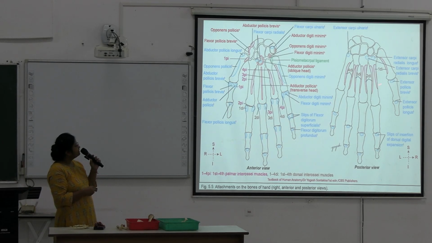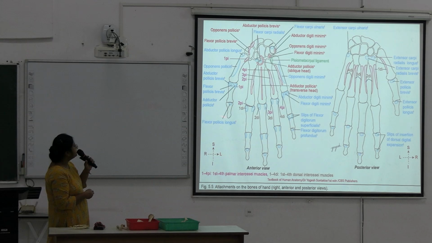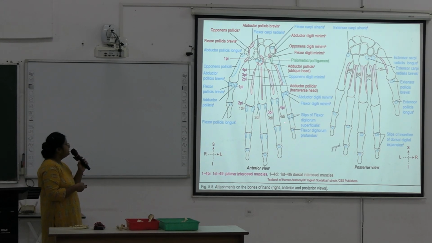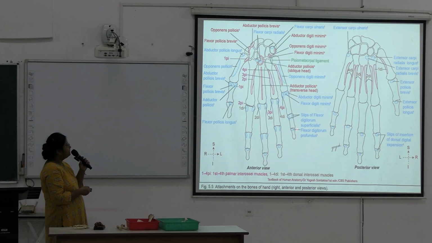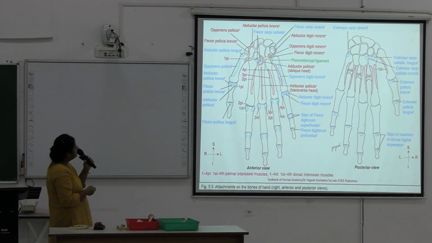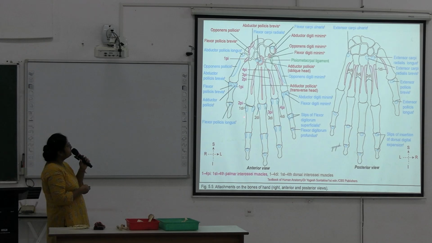And for the thumb, extensor pollicis brevis and extensor pollicis longus. On the anterior view, here is the insertion of the slips of flexor digitorum superficialis for all these fingers, and here at the base of the distal phalanx, flexor digitorum profundus. And here is the attachment of the different interossei and lumbricals.